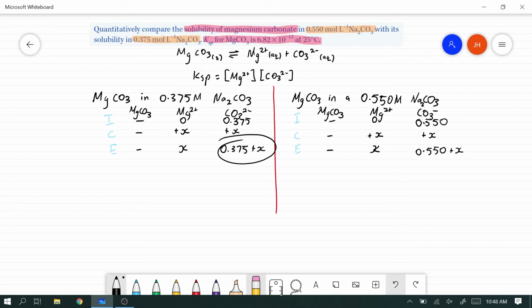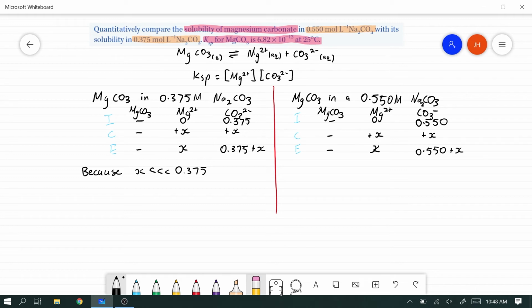However, when we're looking at this statement here, this is where we can start to employ the assumption. So because X is going to be a lot less than the carbonate concentration that we have at the beginning, and this is because of this value up the top here, which is a really, really, really small KSP value, meaning that the magnesium carbonate is going to yield a very low concentration to begin with.